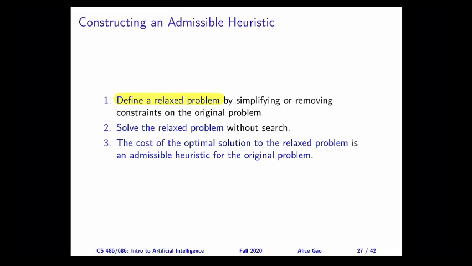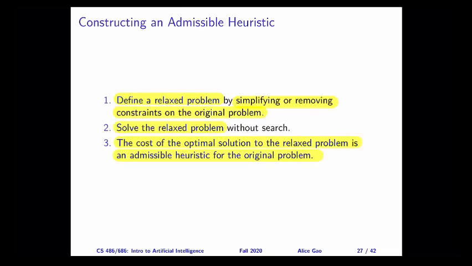Take these constraints, simplify them, or remove some of the constraints. Once we relax the problem, we will solve the relaxed problem optimally. The cost of the optimal solution to the relaxed problem is an admissible heuristic function for the original problem.